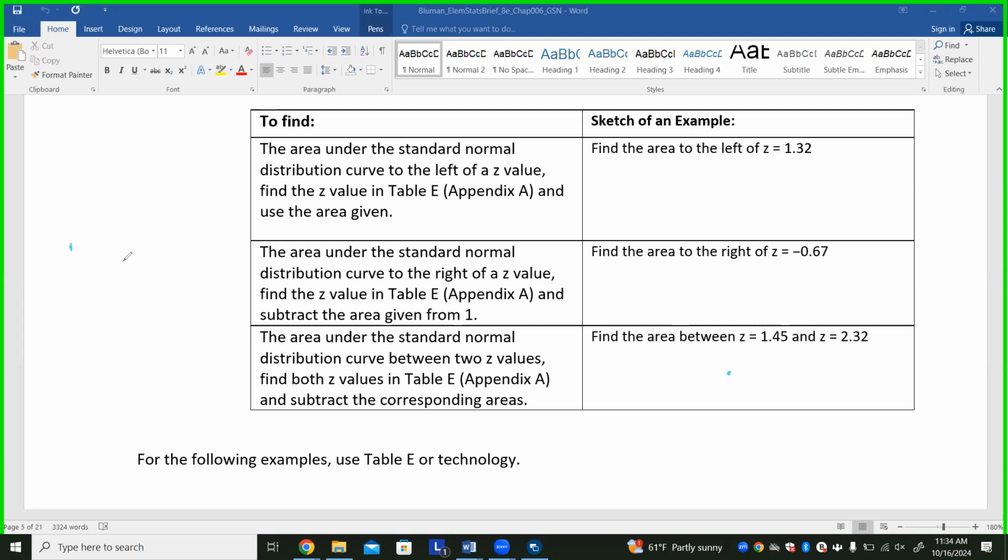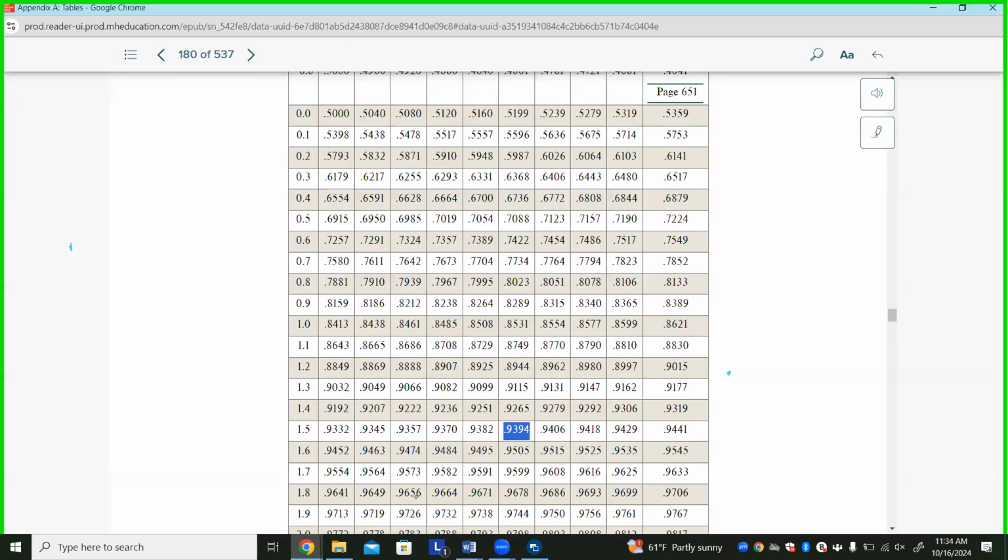Again, we'll come to our chart. We'll go to 1.4, so locate 1.4, and then we need to calculate 0.05. So that's 0, 1, 2, 3, 4, 5. You would get 0.9265. Perfect.